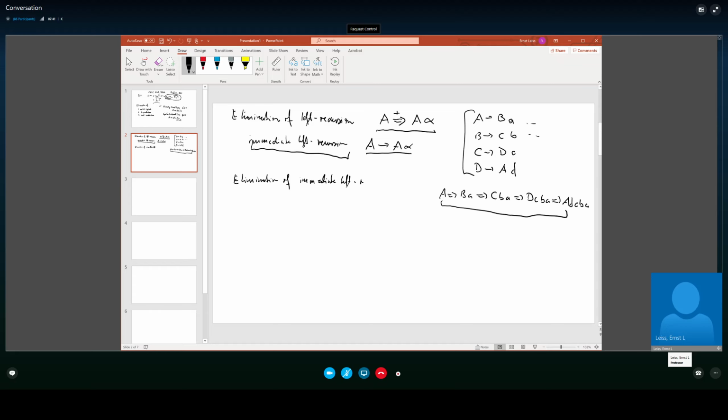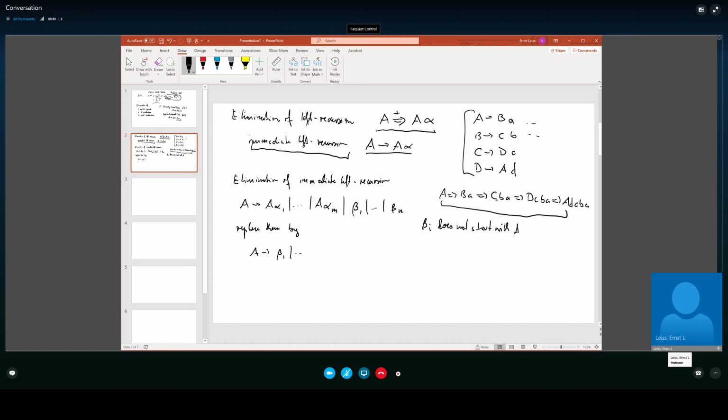Beta i does not start with A. Okay? So these are all the A productions. And now we replace them by, well, A goes to beta 1 through beta n, or beta 1 A prime through beta n A prime.